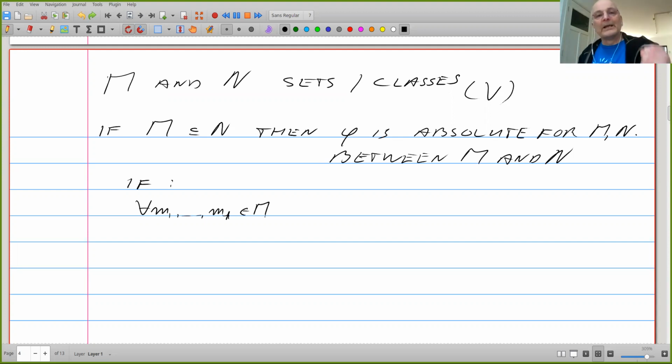For every k-tuple of elements of M, now look very closely.